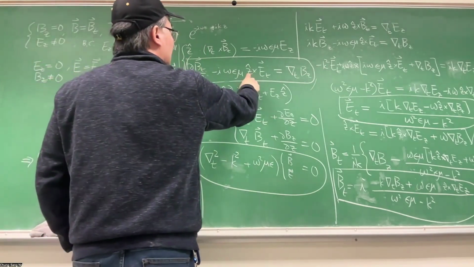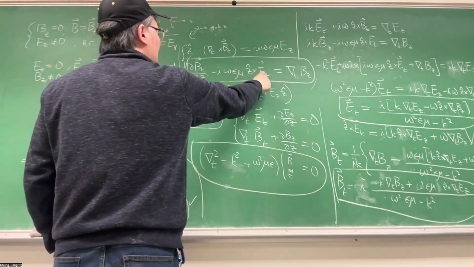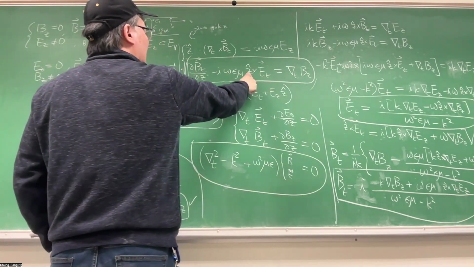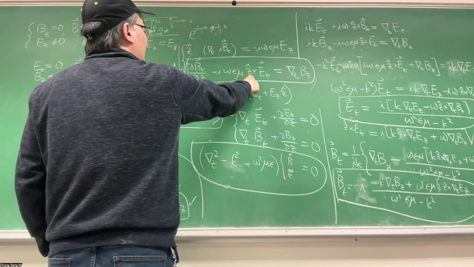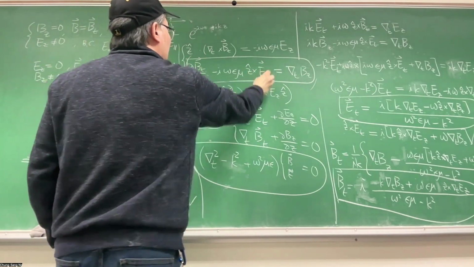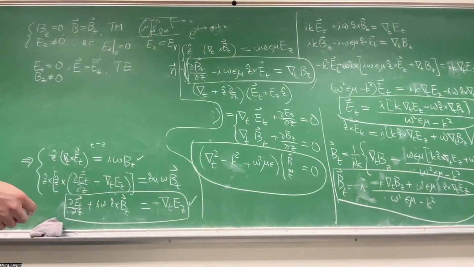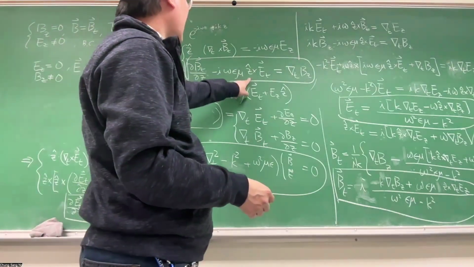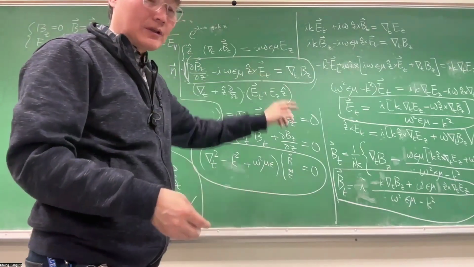So n dot B sub t is 0. Now the second term is z cross E sub t, and you want n dot into that. For this one, you can use the cyclic rule because this is a dot product with a cross product, right?